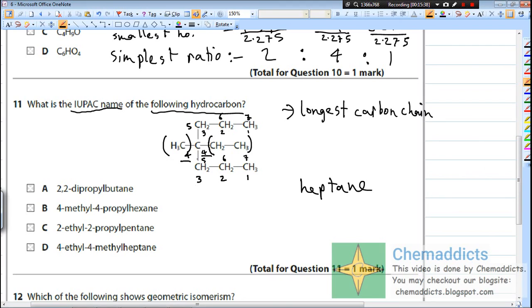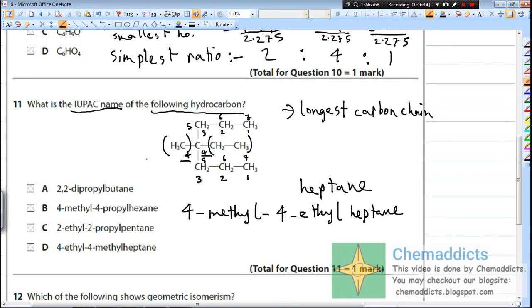Here, since the methyl group is in the fourth carbon atom and the ethyl group is in the fourth carbon atom, we should name this as 4 methyl 4 ethyl heptane.